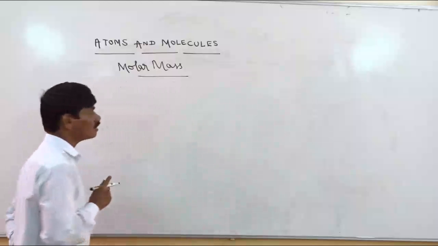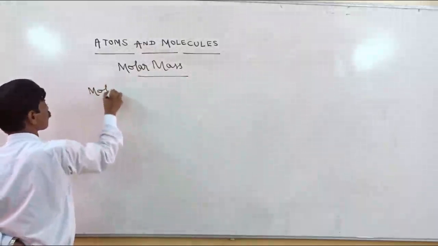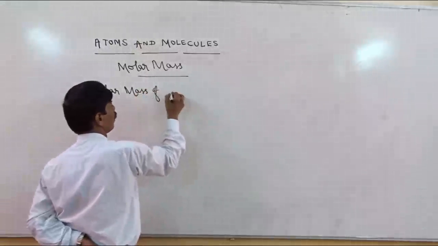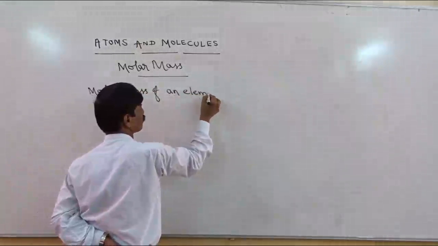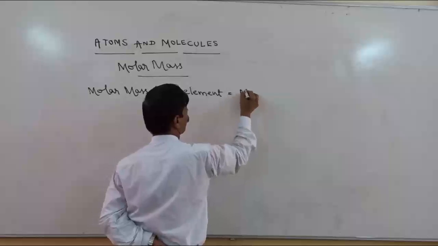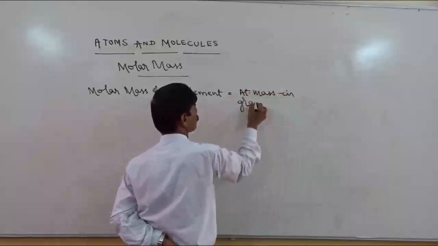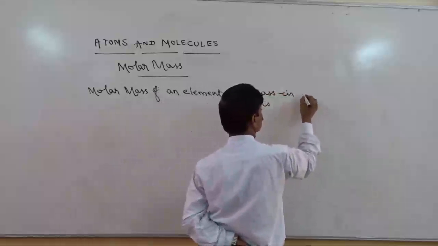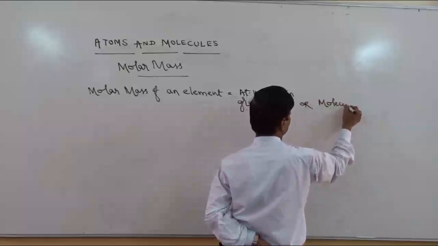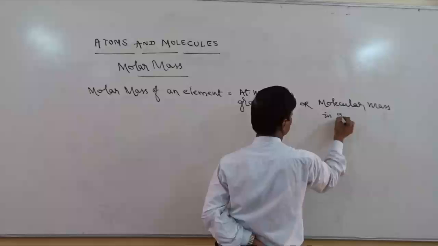Now let us see some examples with the concept. So molar mass of an element is equal to atomic mass in grams or molecular mass in grams.